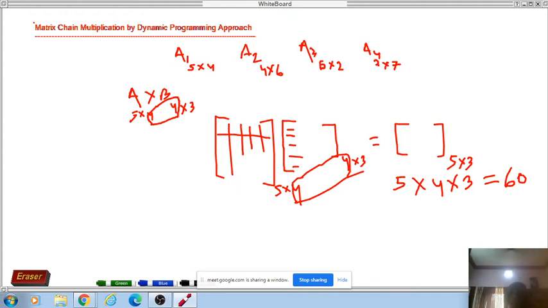So the question is, if the above matrices are given, which pair should be selected or parenthesized so that the cost will be minimum?